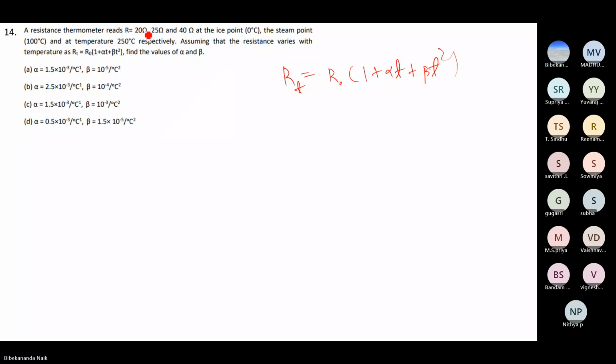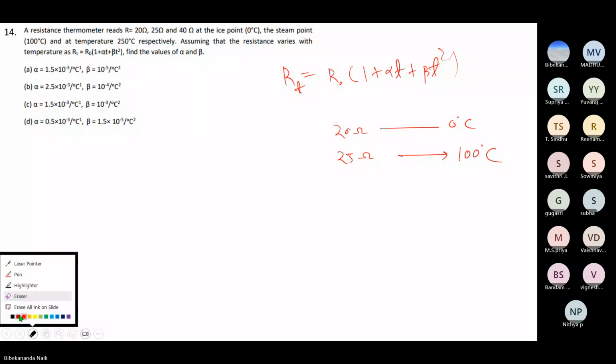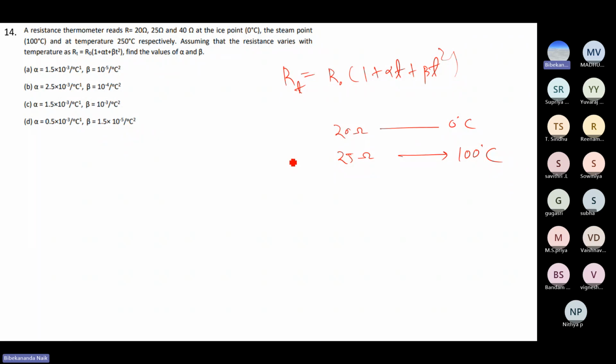We have three cases. 20 ohm corresponds to 0 degrees Celsius, 25 ohm corresponds to 100 degrees Celsius, and 40 ohm is at 250 degrees Celsius.